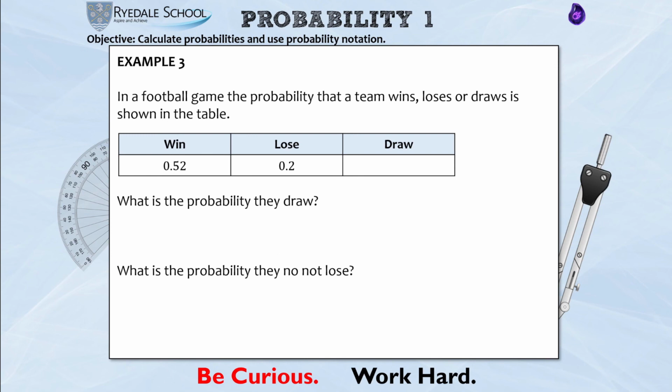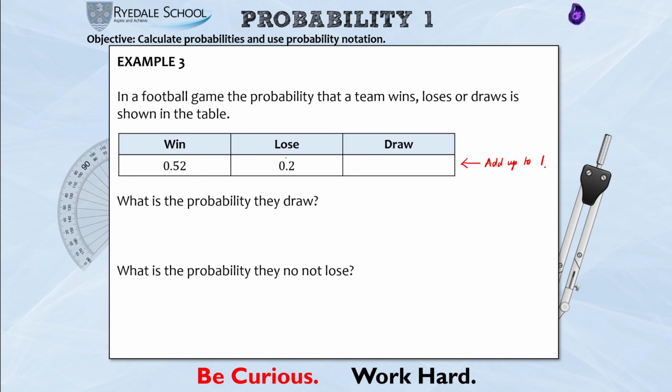And it's asking, what is the probability they draw? Now, a team can only win, lose, or draw. So all of these must add up to 1. It must cover all of the eventualities in that probability system, so must add up to 1.